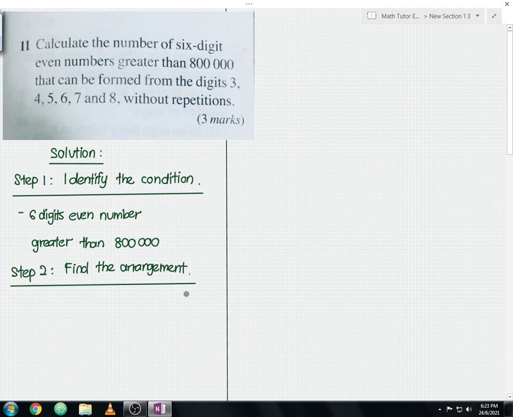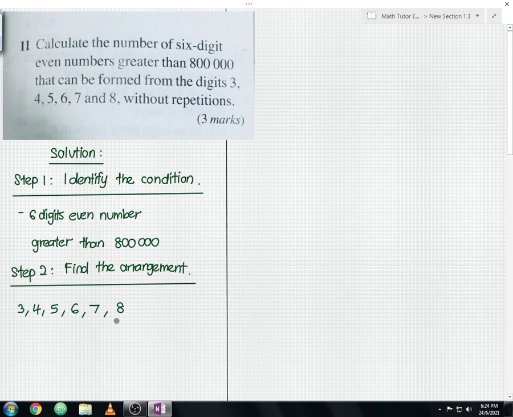Before finding the arrangement, let me write all the numbers given by the question over here, so it will be useful for our reference, guys. The numbers given by the question are 3, 4, 5, 6, 7, and then 8.